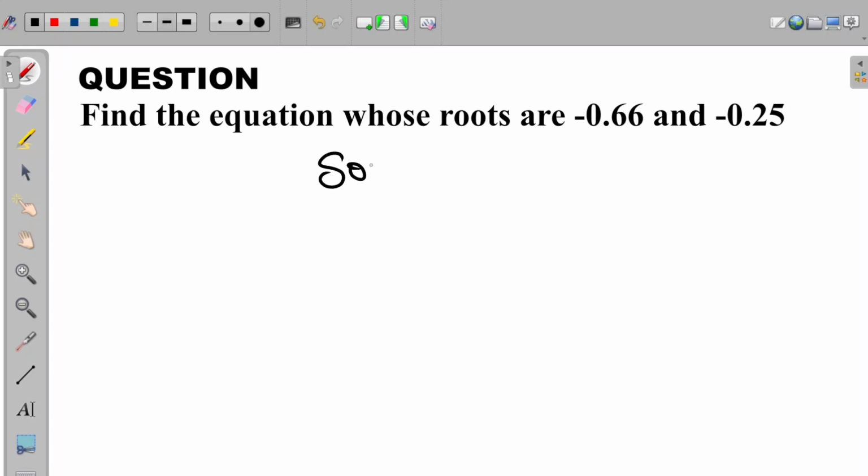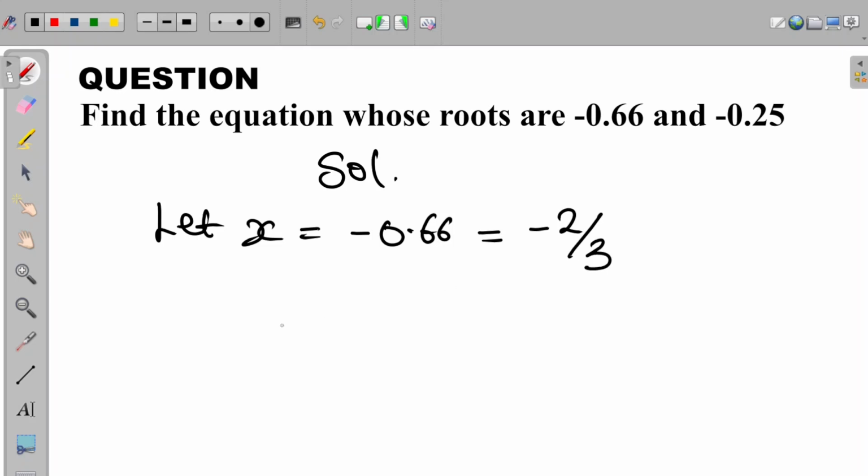So we are given that the roots are minus 0.66 and minus 0.25. So we say let x be equal to minus 0.66. This can also be expressed as minus 2 divided by 3.